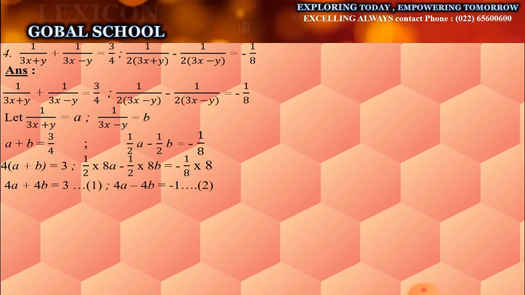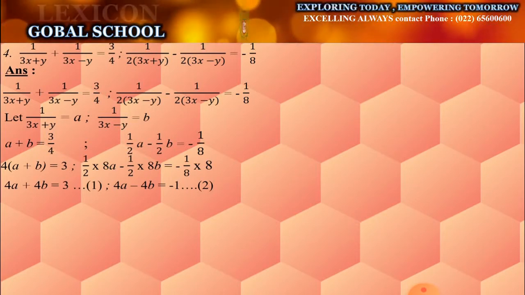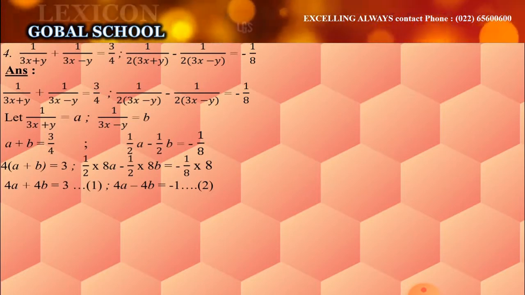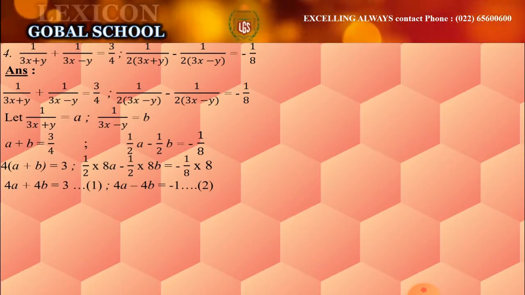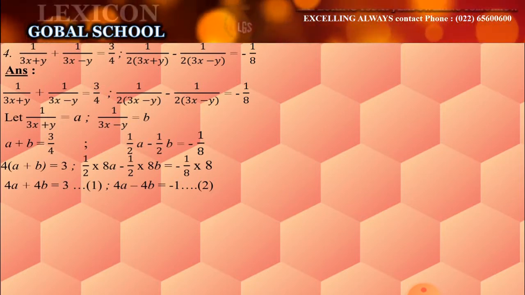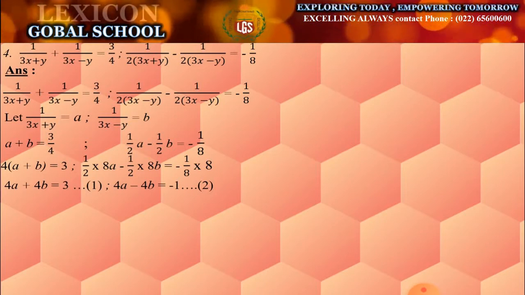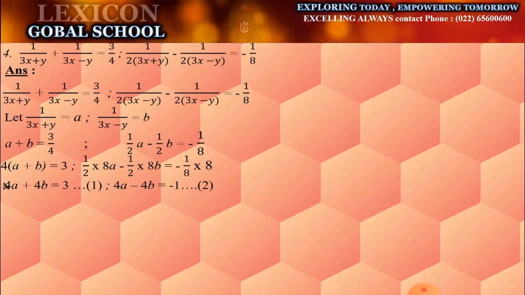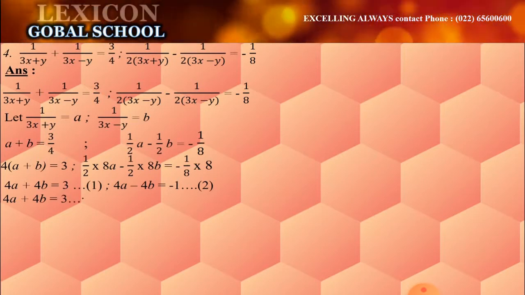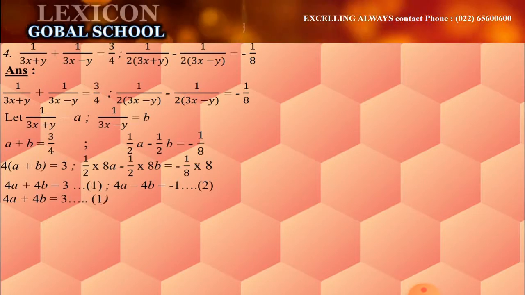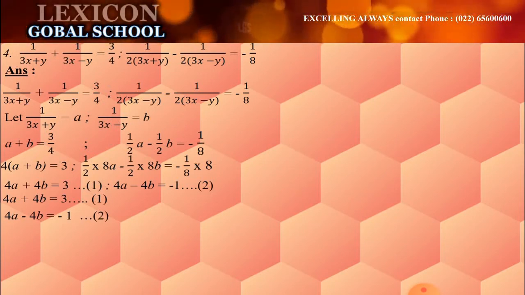1/2 into 8, when you divide 8 by 2 you get 4a, minus, when you divide 8 by 2 you get 4b, and when you divide 8 by 8 you get 1. So, 4a − 4b = −1. When you write both the equations one below the other, 4a + 4b = 3, equation 1, and 4a − 4b = −1, equation 2.